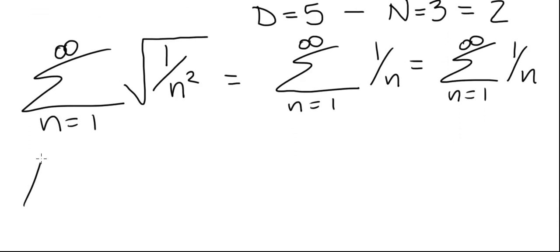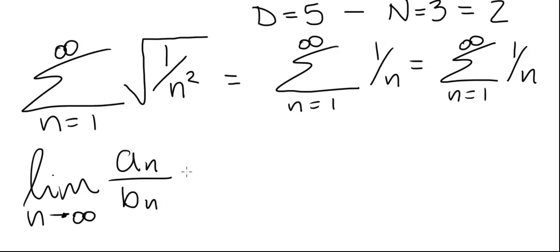diverge together. Let's look at the limit as n goes to infinity of a sub n over b sub n, and that's equal to the limit as n goes to infinity.